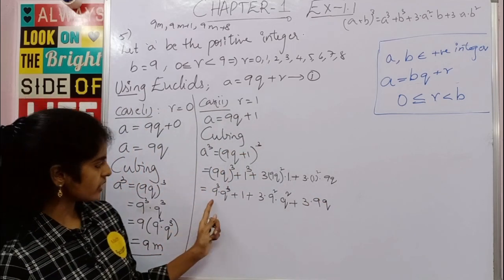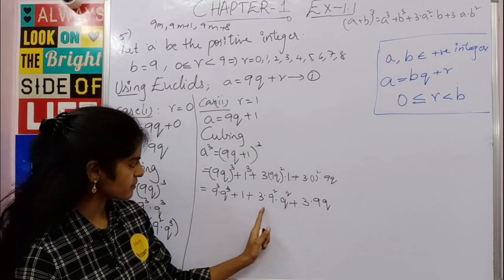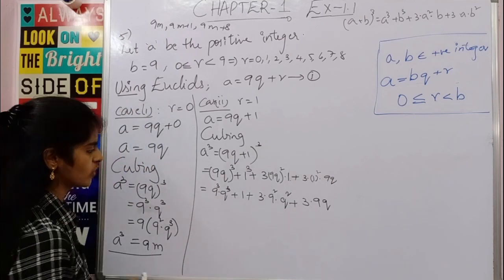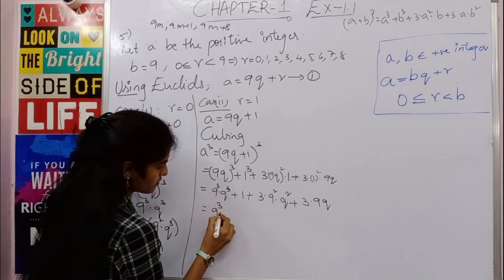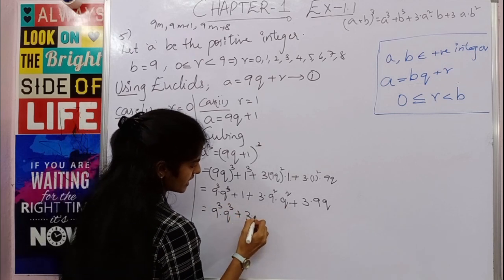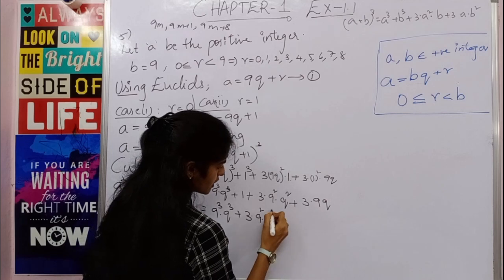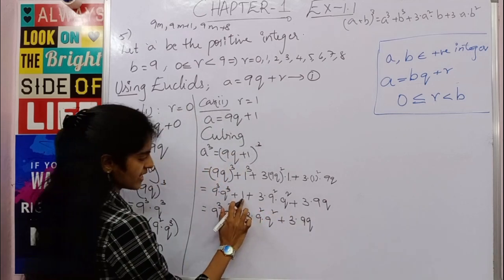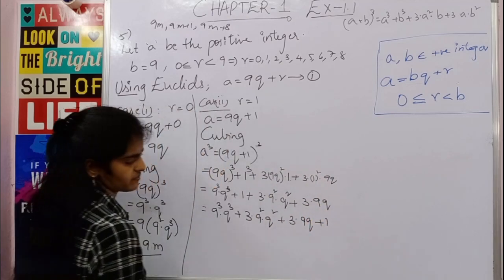Okay, now in all these terms you can see 9 is common. You have 1 here, let me take this 1 to the end. So this is 9 cube q cube plus 3 multiplied by 9 square q square plus 3 multiplied by 9q, this one I am taking to the end, so plus 1.